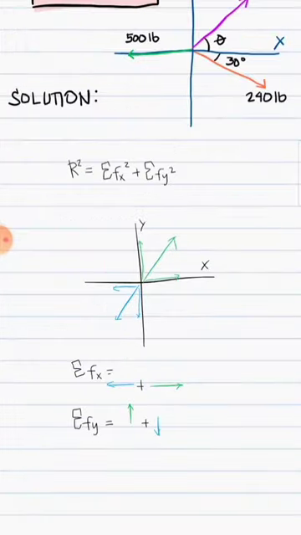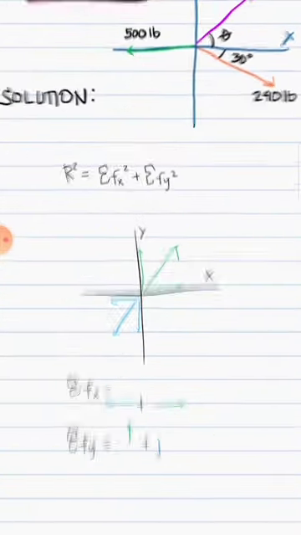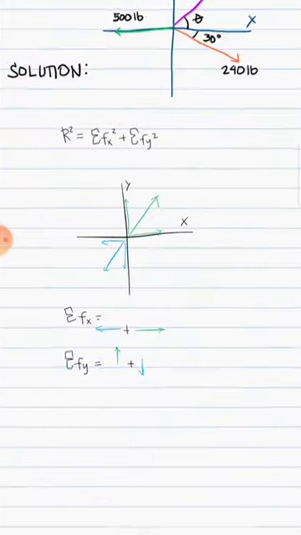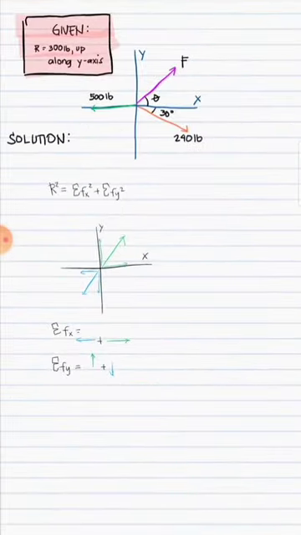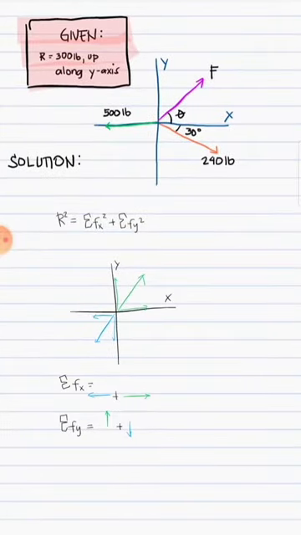Anyway, with this concept we learned, if we add the forces, they should be along the axis. In this one, we are given 300 pounds as the resultant and its direction is up along the y-axis. What does it mean?